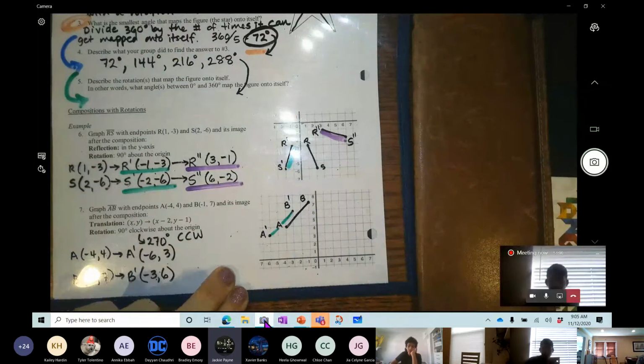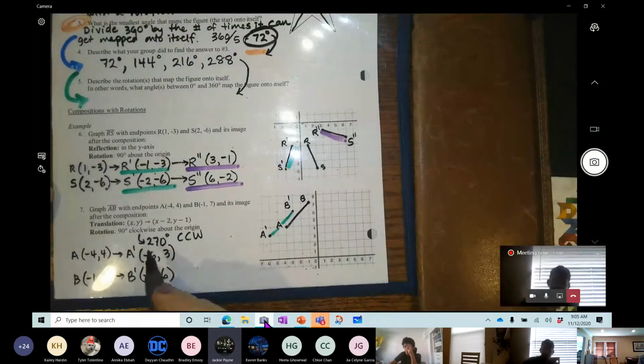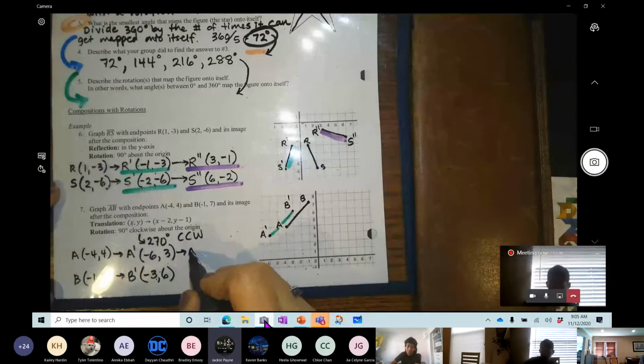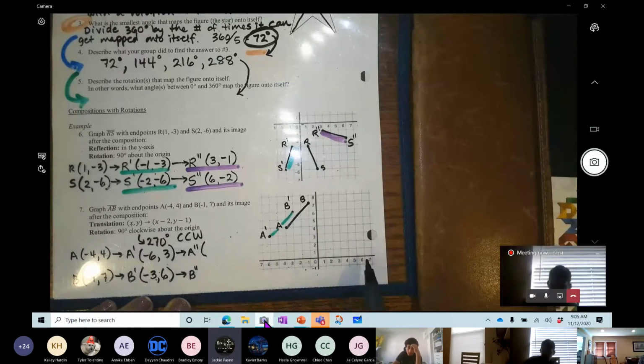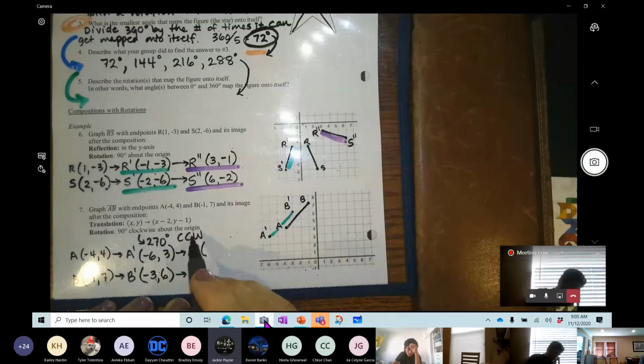Right? Then I'm going to apply my 270 counterclockwise rule to get A double prime and B double prime. So the 270 rule is you flip the x and the y, and this one turns opposite sign. So this will be 3, because that goes here, and then 6 turns positive because it's the opposite sign.